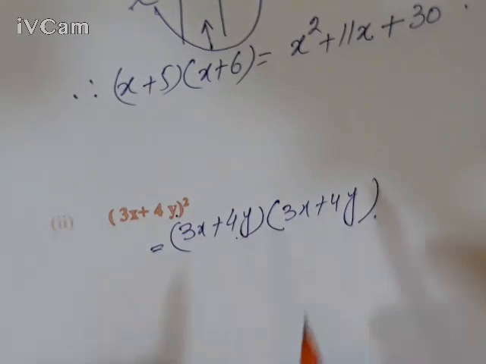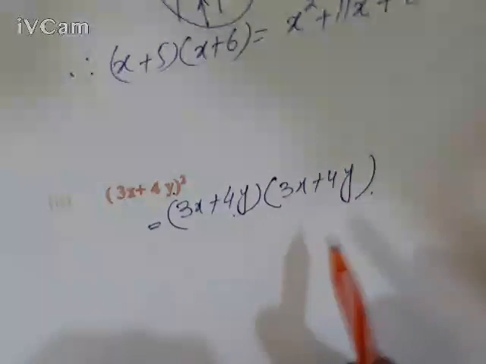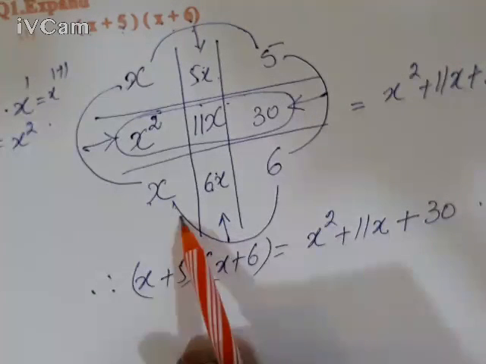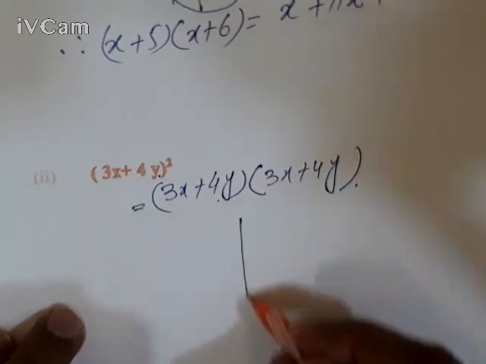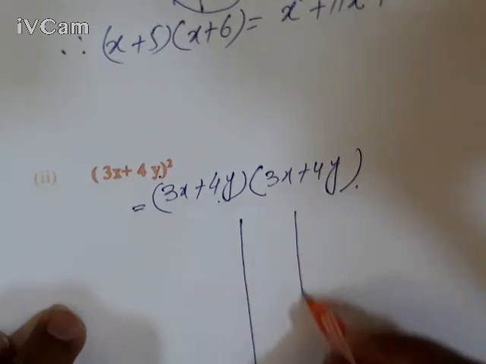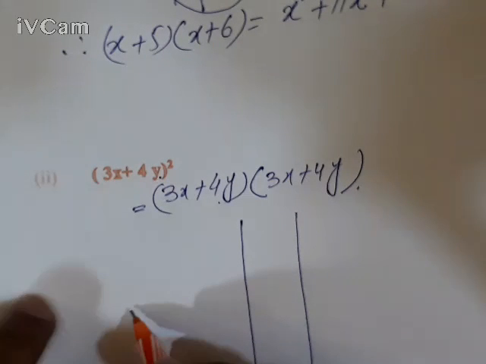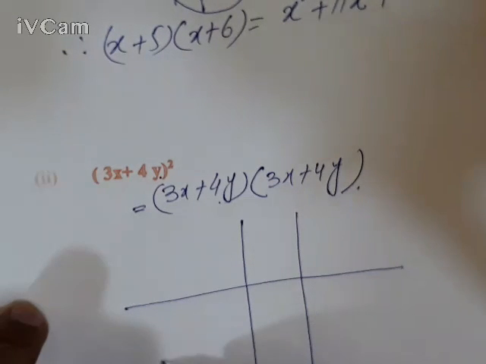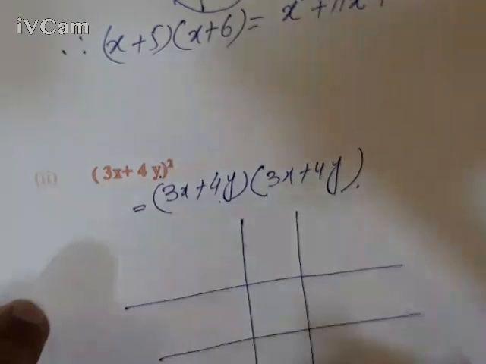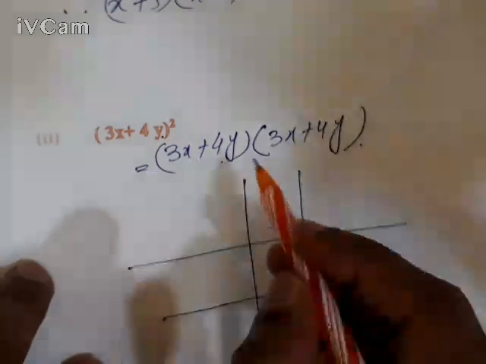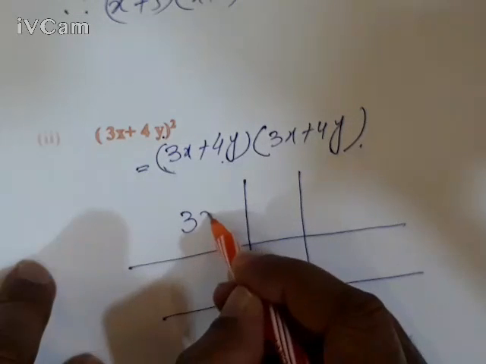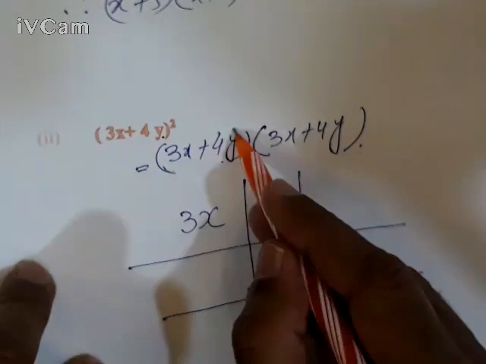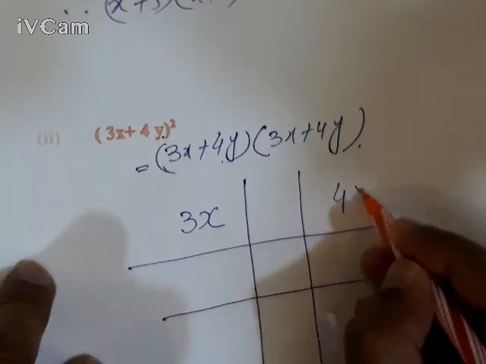Now again we will apply the same rule which we discussed in the previous question number 1, part number 1. Now again draw the two parallel lines, two horizontal lines, then pick this value and write here, second value right here.